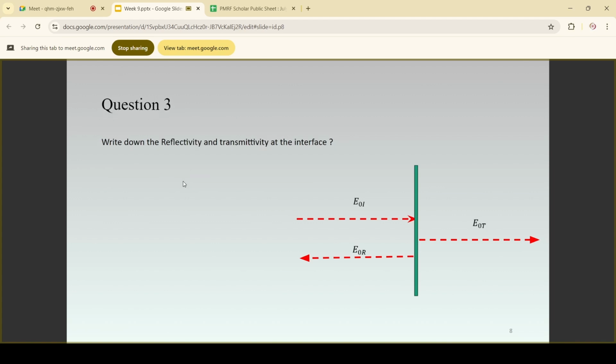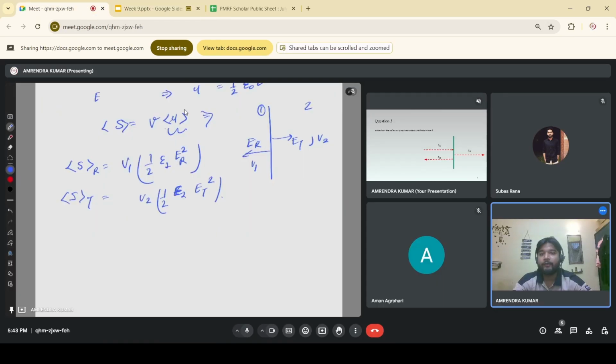So now we are being asked what is the reflectivity and the transmittivity at the interface. We have seen how we can calculate the energy density at the interface, and then we have also seen how we can calculate this energy that is being carried.